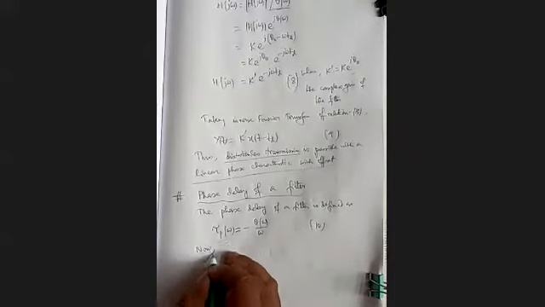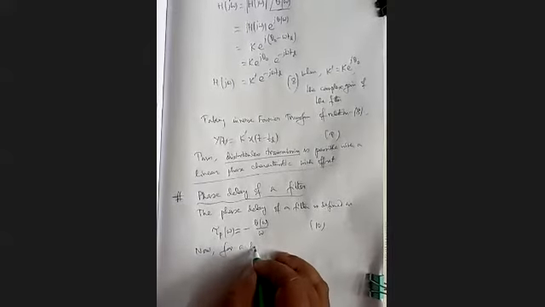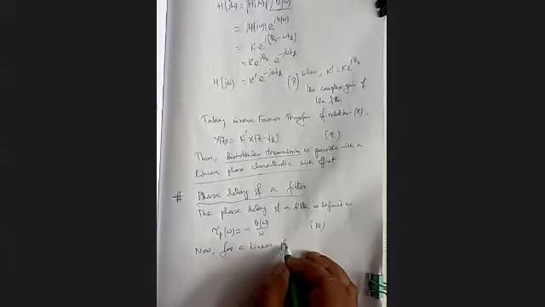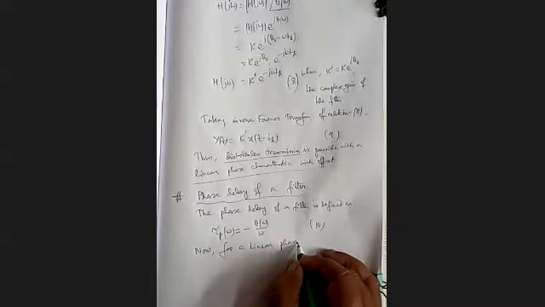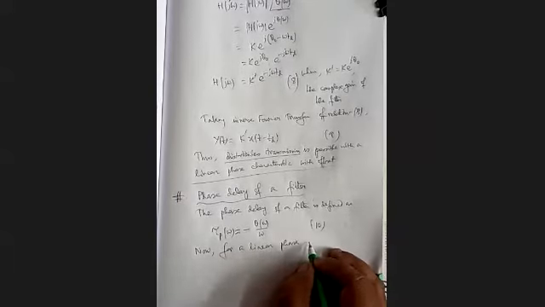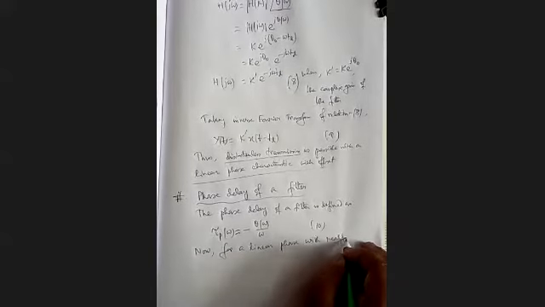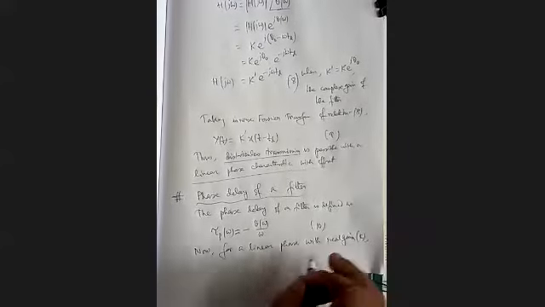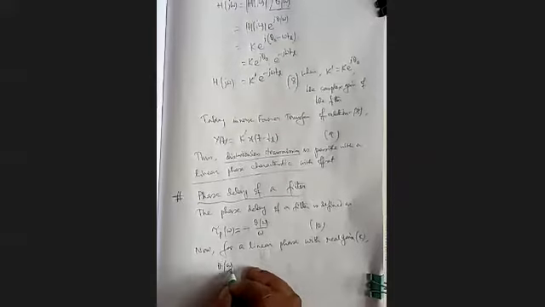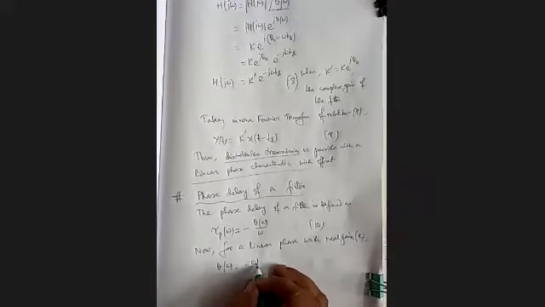Now, for a linear phase filter with real gain, means some gain k actually, our theta omega is minus omega td.